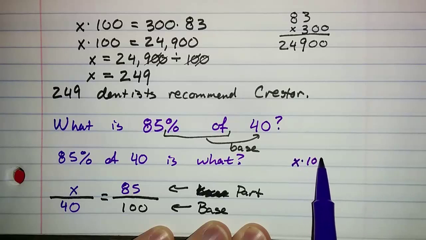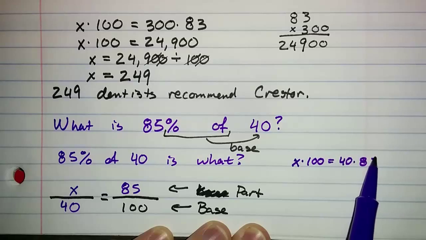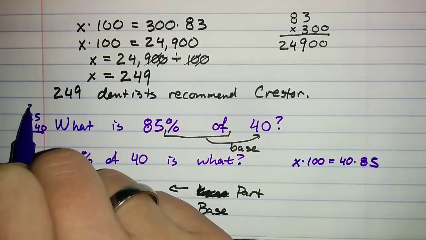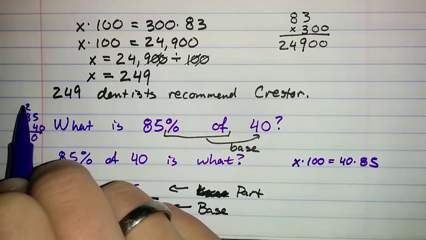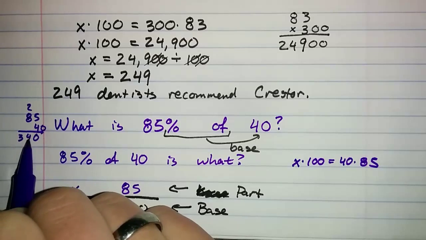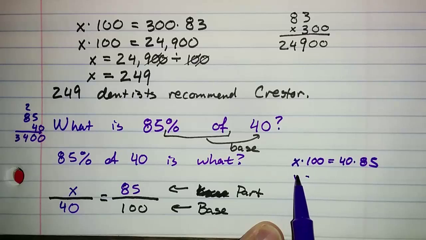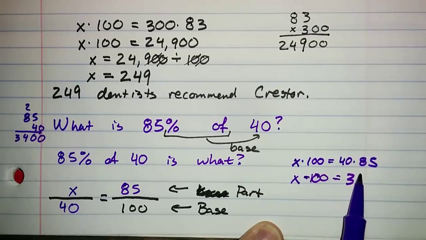X times 100 is 40 times 85. Multiplying 40 by 85. 4 times 5 is 20. 4 times 8 is 32, 33, 34. We'll get x times 100 is 3,400.